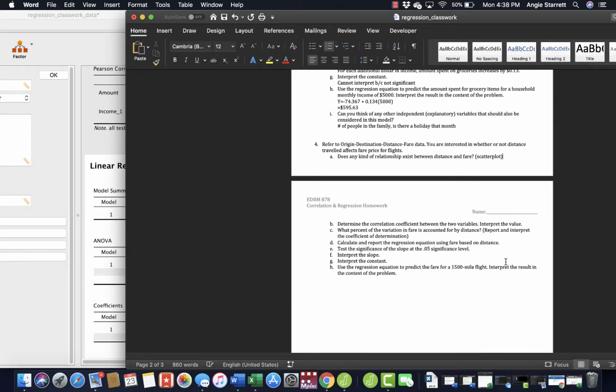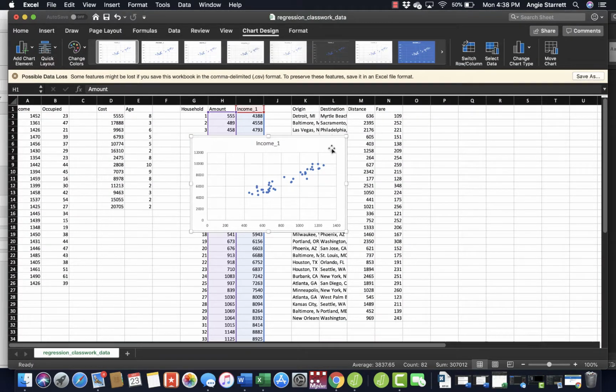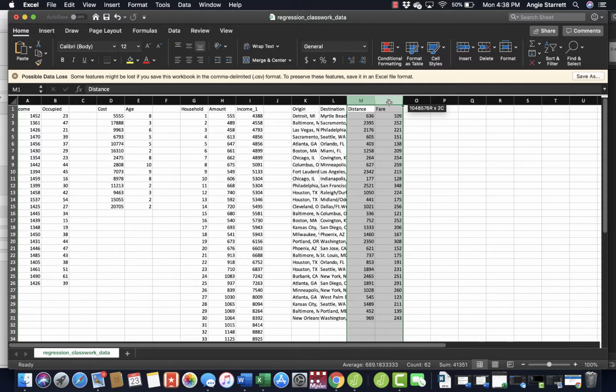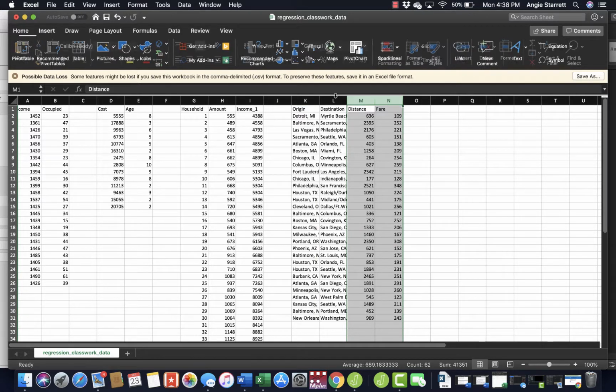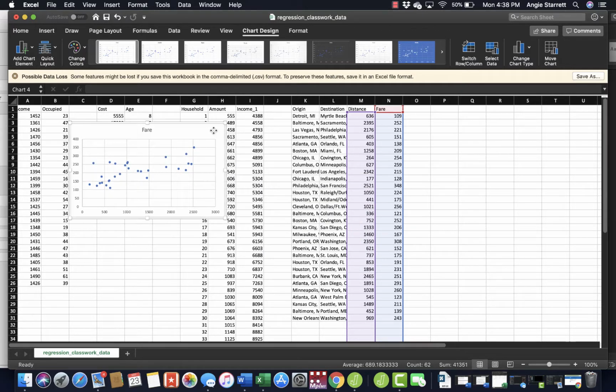All right, final question here. You are interested in whether or not distance traveled affects fare price for flights. So let's go over to Excel and take a look at the scatter plot between distance and fare. Here's distance and fare, and we are going to do a scatter plot. What do you guys see?